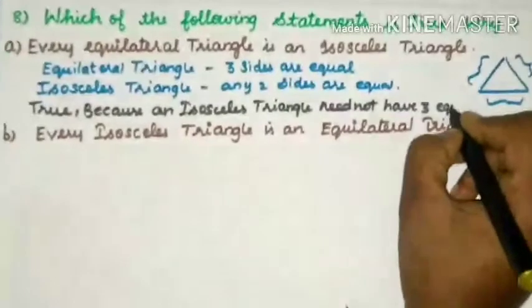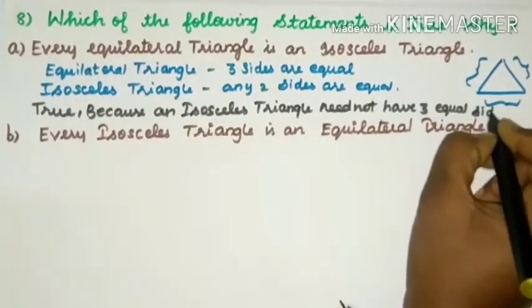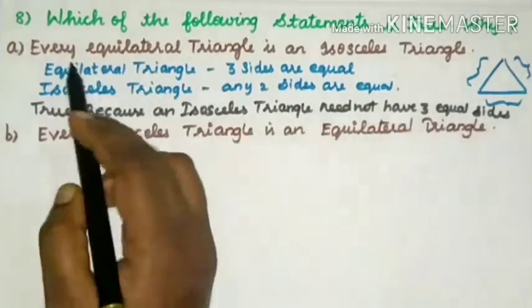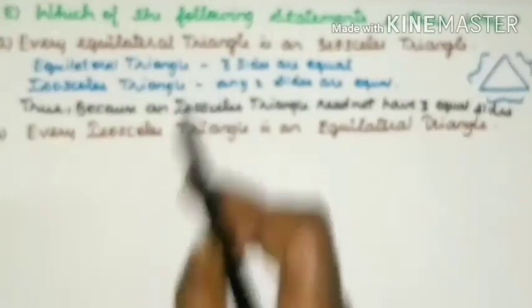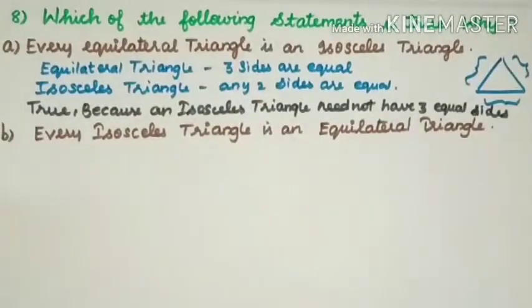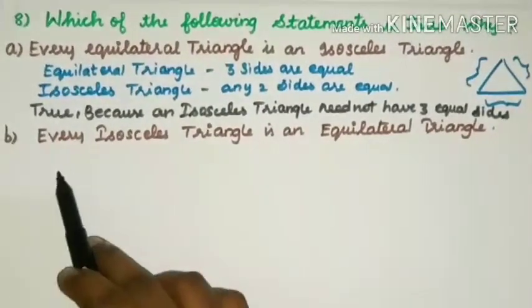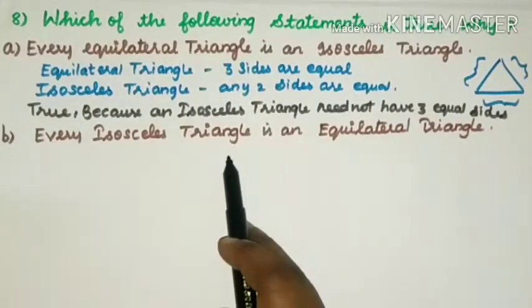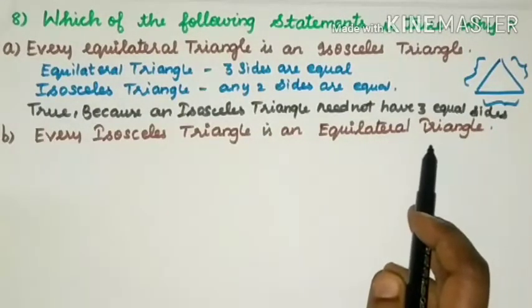So the given statement is true. Every equilateral triangle is an isosceles triangle.